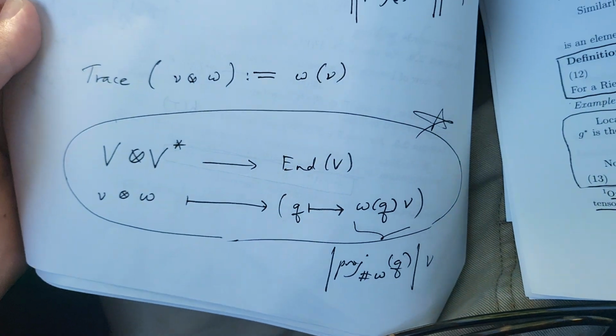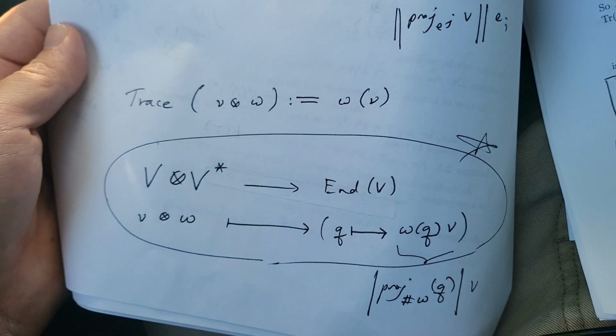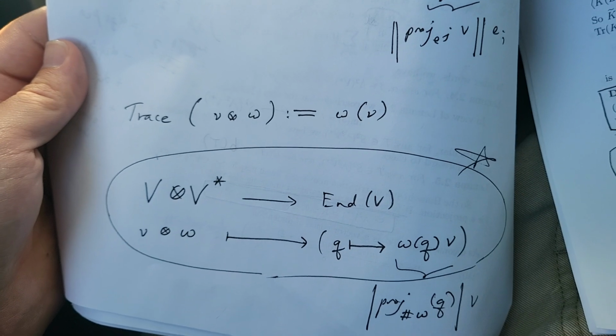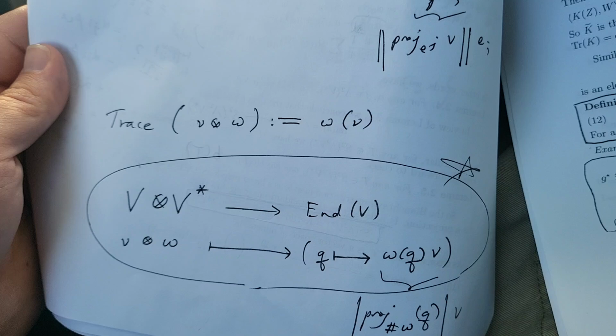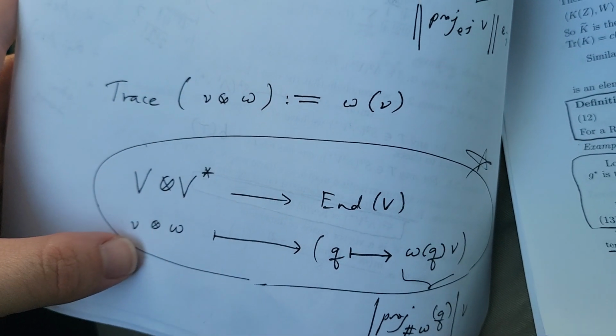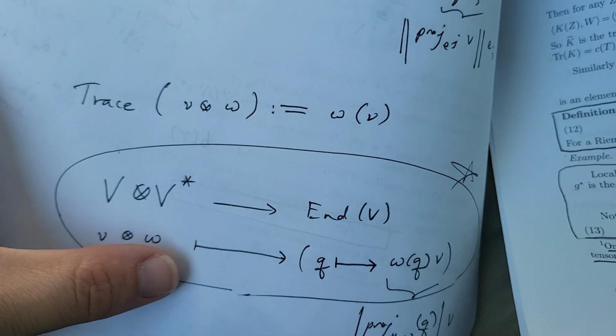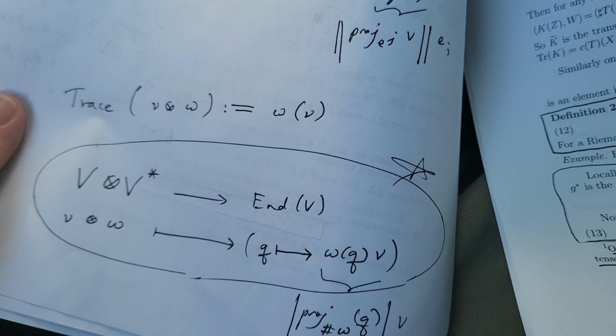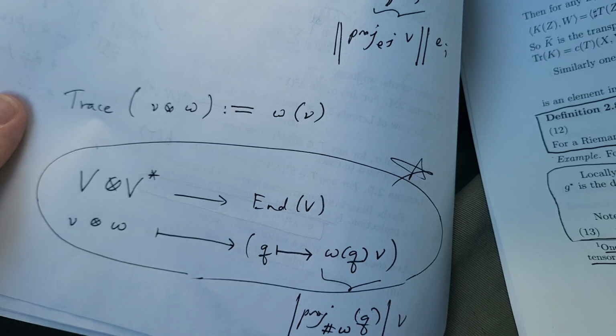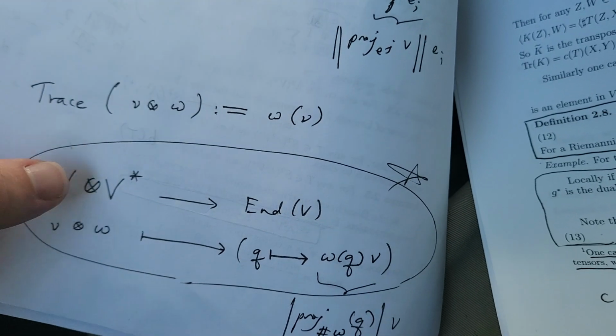And then also, we can define it as the sum of the eigenvalues of the linear map, but there was this other definition which I mentioned, which was that we can find an isomorphism between endomorphisms on V and V tensor V dual, which sends V tensor omega to the linear map which sends a vector Q to omega of Q V. And then this is an isomorphism.